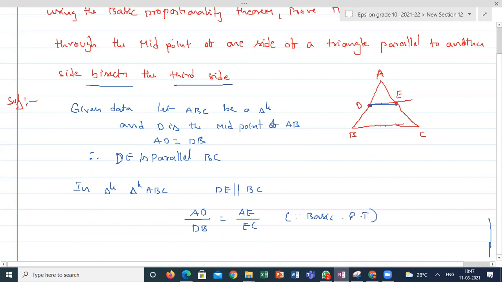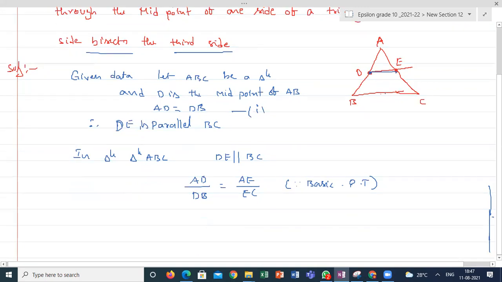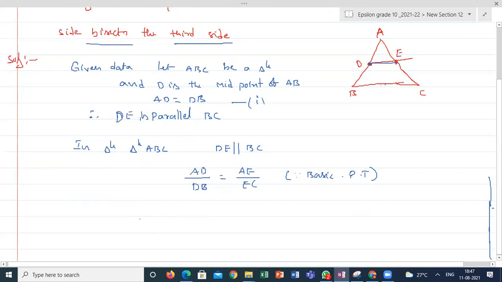from BPT. This is the first expression. We know D is a midpoint, so AD and DB are same. AD is equal to DB, so AE by EC will become 1. From here, AE is equal to EC.